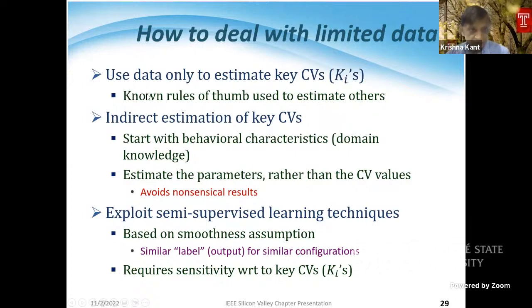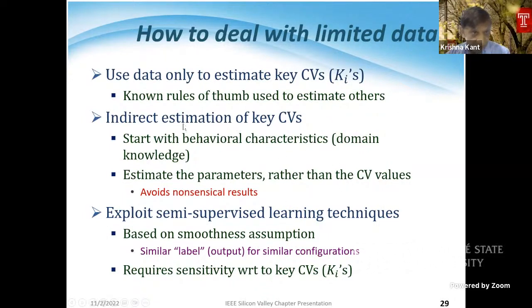And then once you have that, you use the known rules of thumb to estimate others. So for example, if the rule of thumb says that as you increase the number of cores, you also increase the memory, then that will be a rule of thumb and you can use that directly.